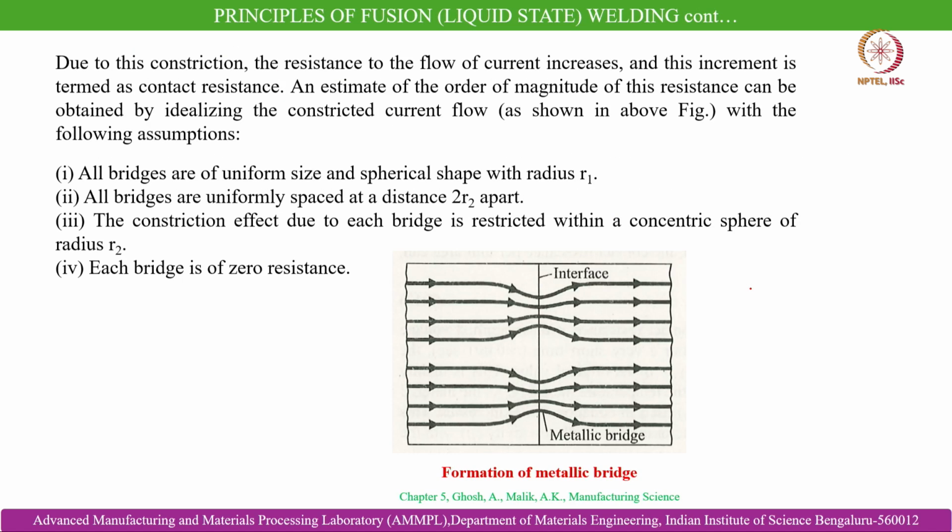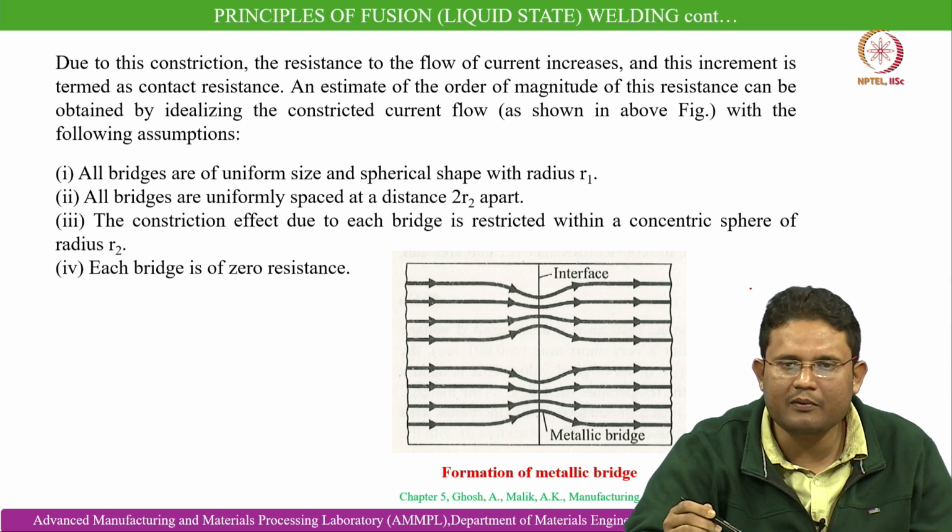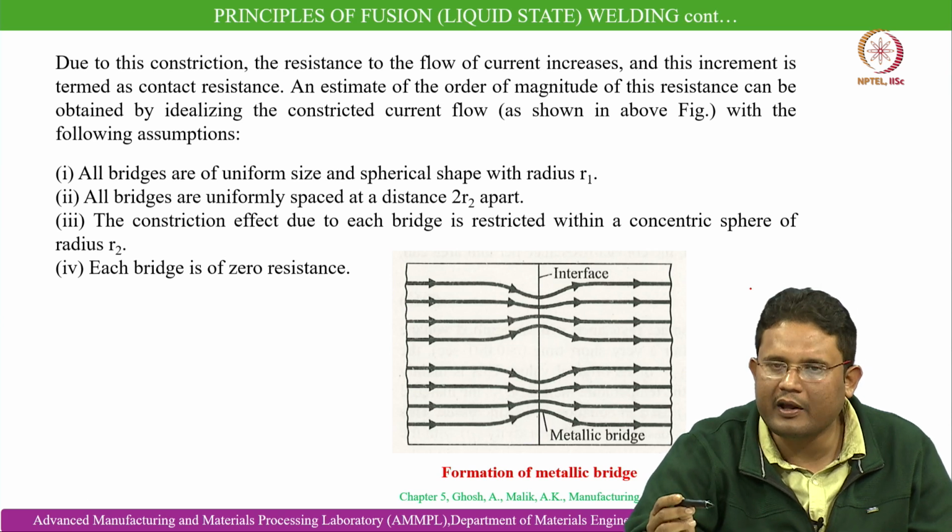Due to this constriction, the resistance to the flow of current increases, and this increment is termed as contact resistance. An estimate of the order of magnitude of this resistance can be obtained by idealizing the constricted current flow, as shown in the figure below. You can see from the schematic the following assumptions.